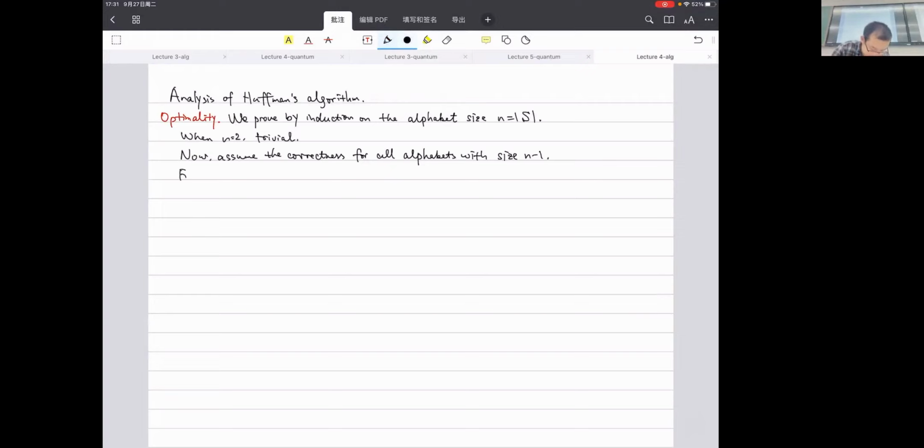Let's now say we have an alphabet of size n, and let's denote T to be the output of Huffman's algorithm.